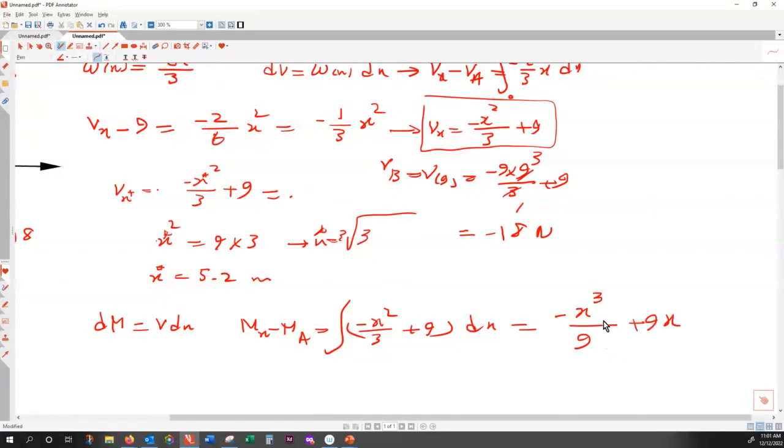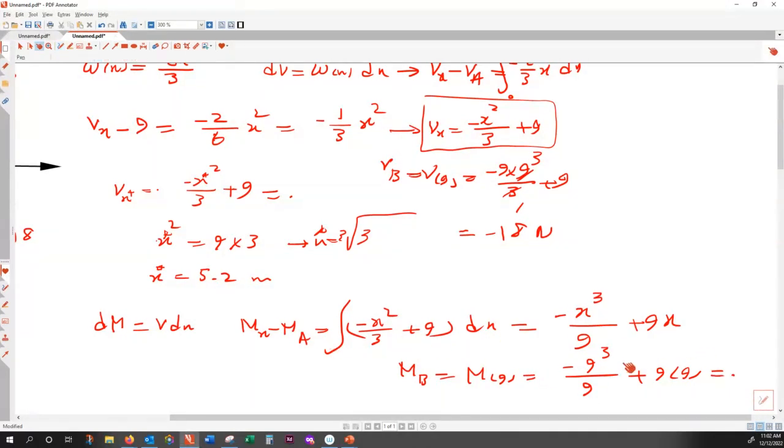If you plug x equal to 0, that is 0. And if you plug x equal to 9, so M of b, that is M at x equal to 9, that is equal to minus 9 cubed divided by 9 plus 9 times 9. That is not 9 squared, this is 9 squared. So that is equal to 0.